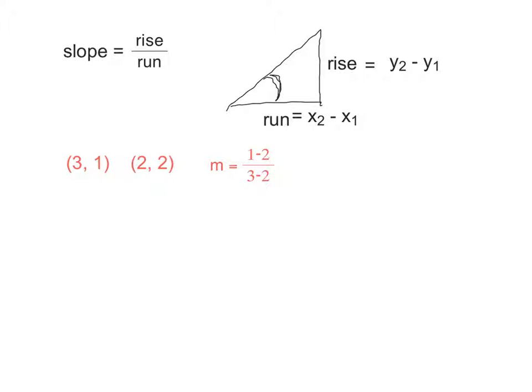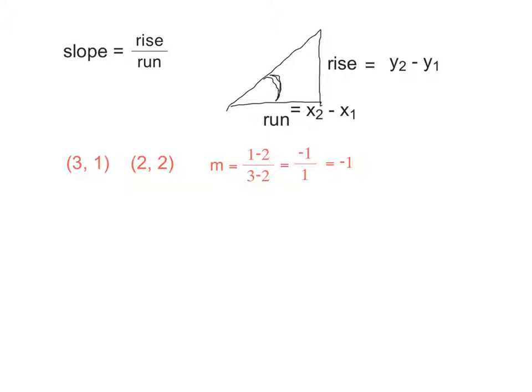Now, notice I picked the y value 1 as being y2, and 2 being y1. I could go the other way so long as I am consistent. I could have said 2 minus 1 over 2 minus 3, okay? But so long as you're consistent, it doesn't matter which way you go. All right, so what does this give me for a slope? So this simply gives me minus 1 over 1, or minus 1 is the slope.